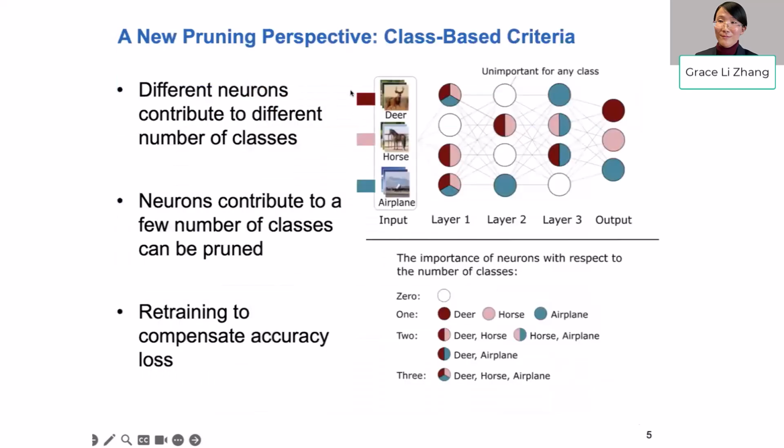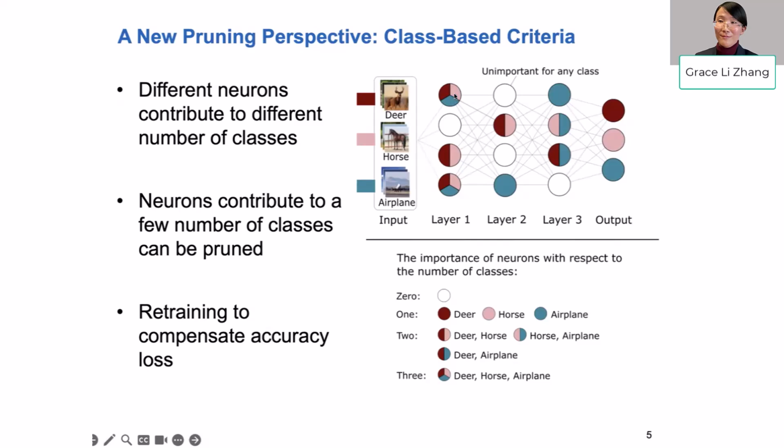You might have heard of a lot of pruning techniques, but our work proposed a new pruning perspective called class-aware pruning. The basic concept can be seen from this figure. The basic idea is that if you use a very simple neural network to do 3-class classification, we found that different neurons are important for different numbers of classes.